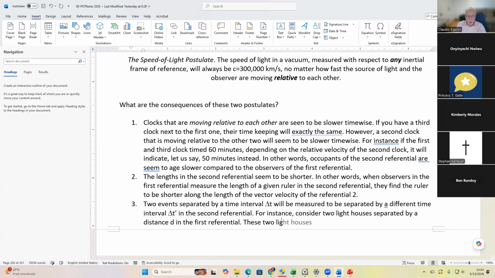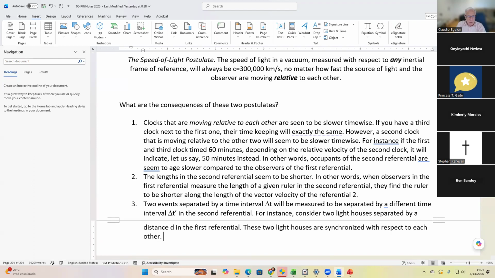These two lighthouses are synchronized with respect to each other.